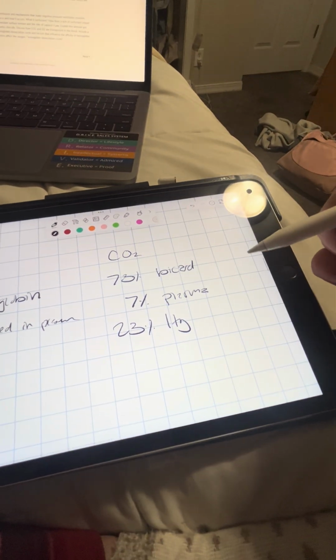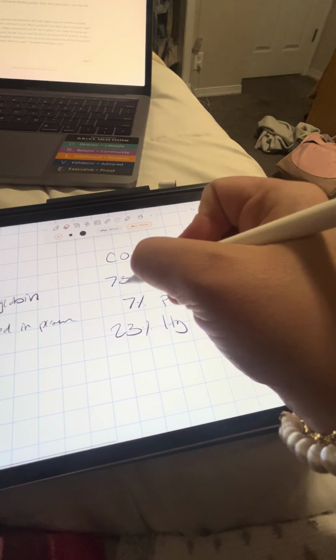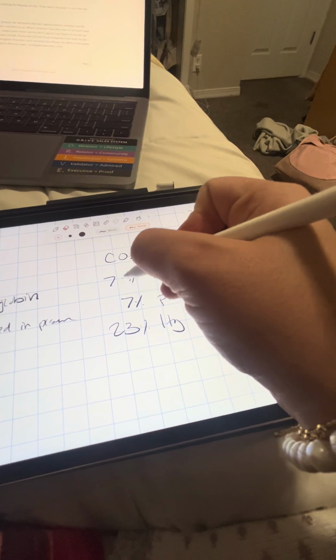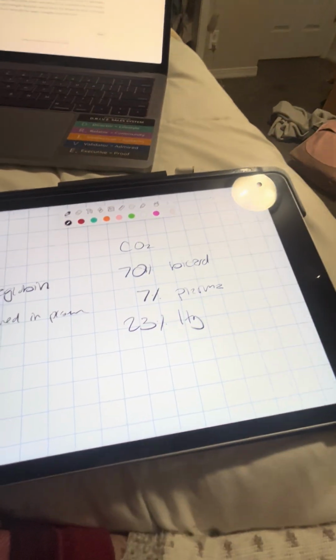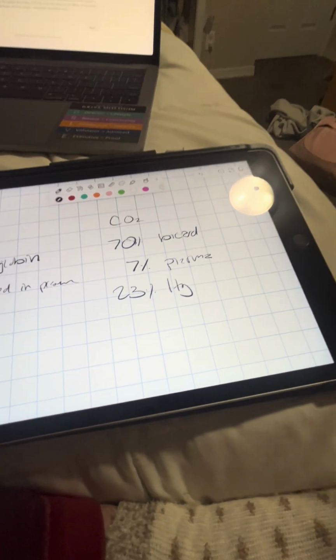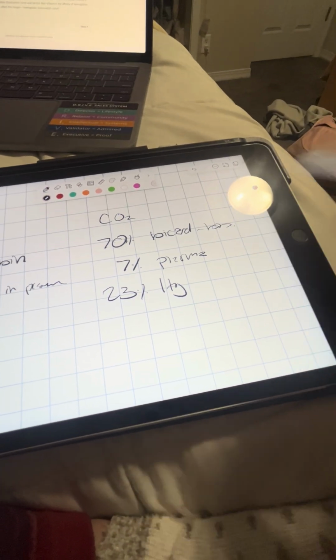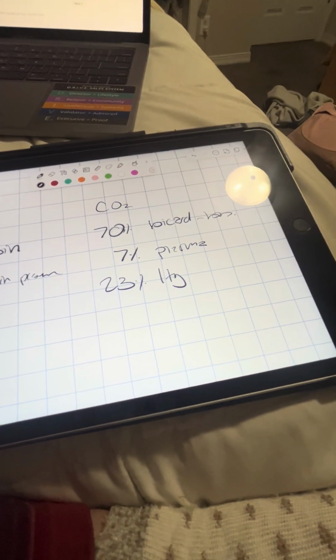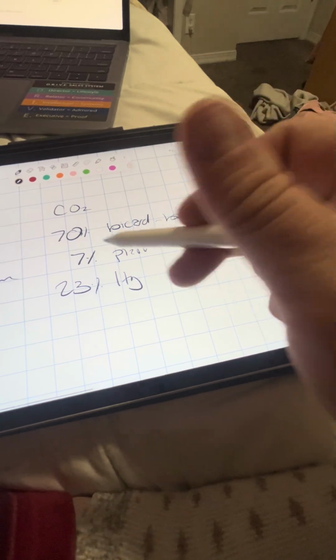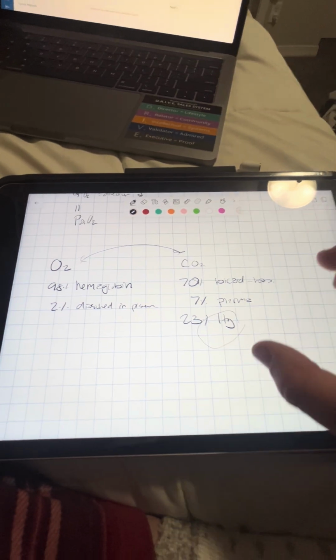And then 70%, sorry, I had to do quick math, 70% of it is bicarb. And this is just through the blood buffer system, right? CO2 plus water goes into bicarb and hydrogen. This is just dissolved in your plasma. This is your hemoglobin. And then these two are not very happy to be with each other in hemoglobin, so that kind of explains that.